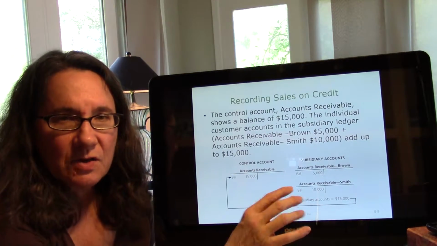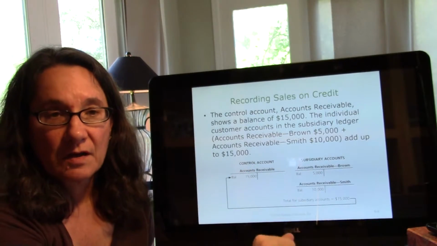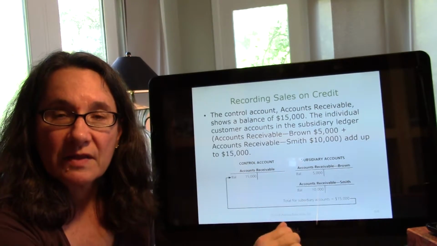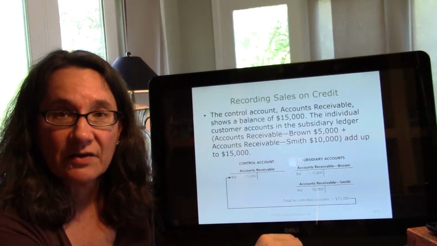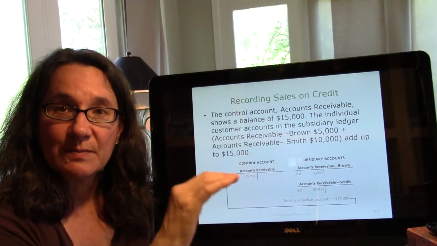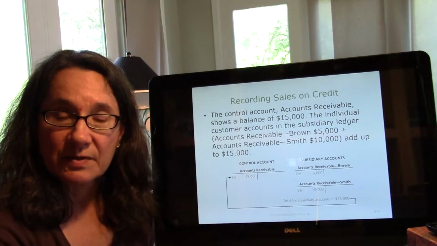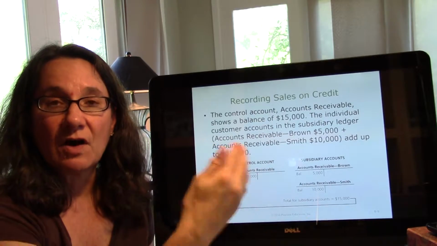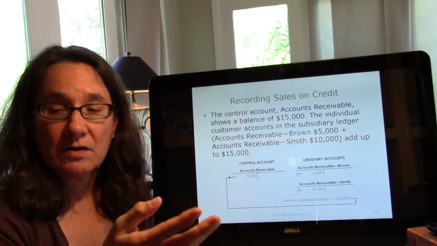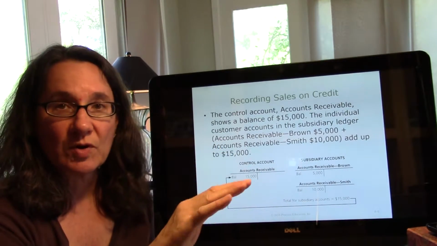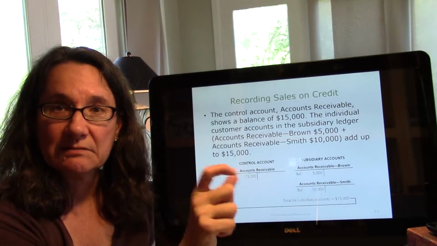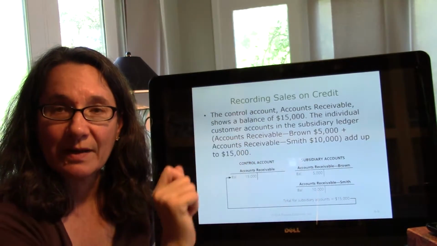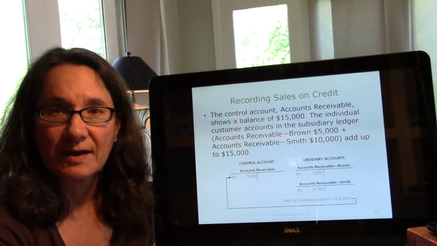So think about, you may have some kind of a credit card that has an account, or even a debit card has an account number. That's your bank keeping track of you separately. But they keep track of all the checking accounts or all the credit card accounts and report them on their financial statement as one big lump. Checking account balances, credit card balances, right?